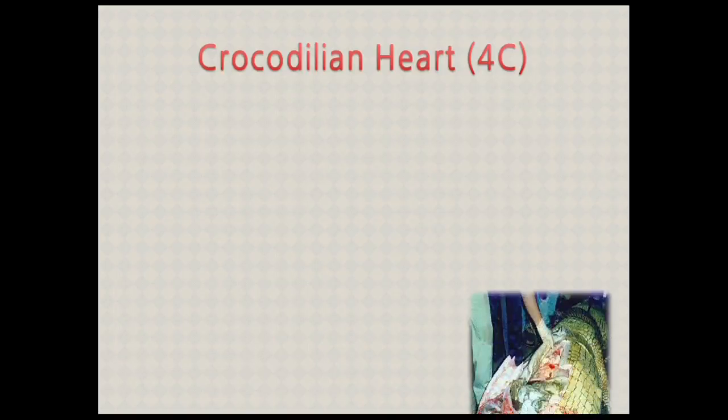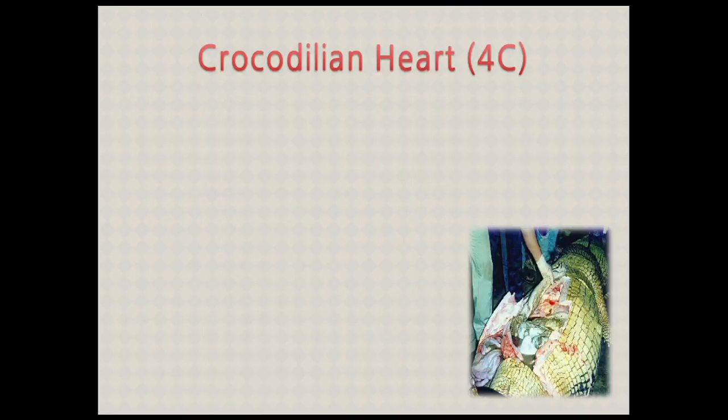Now students, in this particular slide I will be talking about this typical crocodilian four-chambered heart. I'll be taking some of the physiological aspects of this particular heart also. In this picture, you can very well see a crocodile is a very huge kind of animal, and this is a dissected crocodile. Here you can see all the viscera present in the crocodile, and here we have the heart.